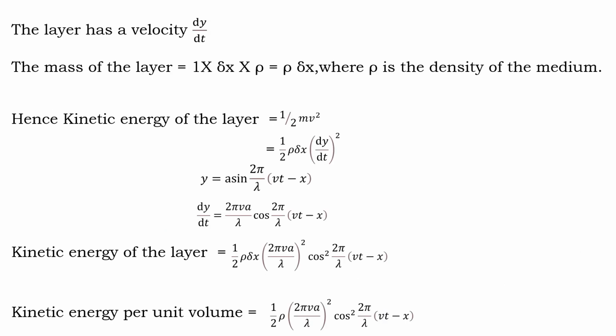And consider the layer has a velocity dy by dt. Because its displacement is y, then velocity will be dy by dt. Then the mass of the layer is, we know that mass equal to volume into density.